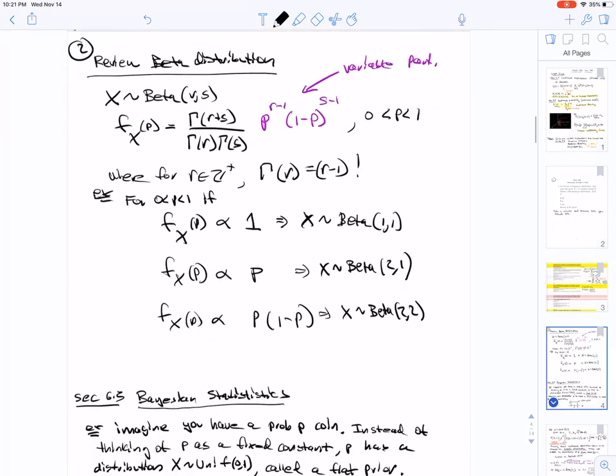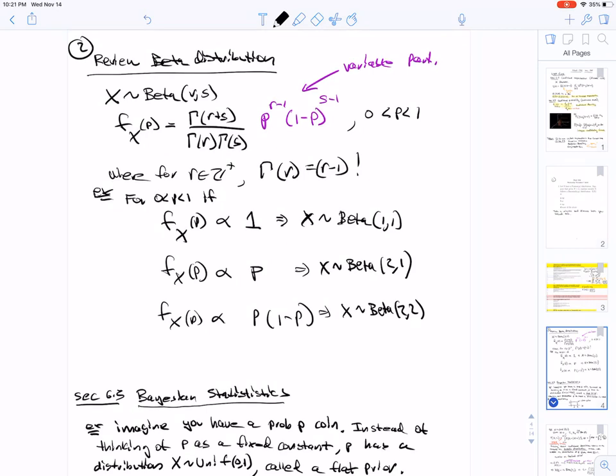So now moving on to section 6.3. We review the beta distribution. So remember that X is beta r, s if we have the following density for p between 0 and 1, so the variable part is p to the r minus 1, 1 minus p to the s minus 1, and the gamma function, gamma of r, is r minus 1 factorial.